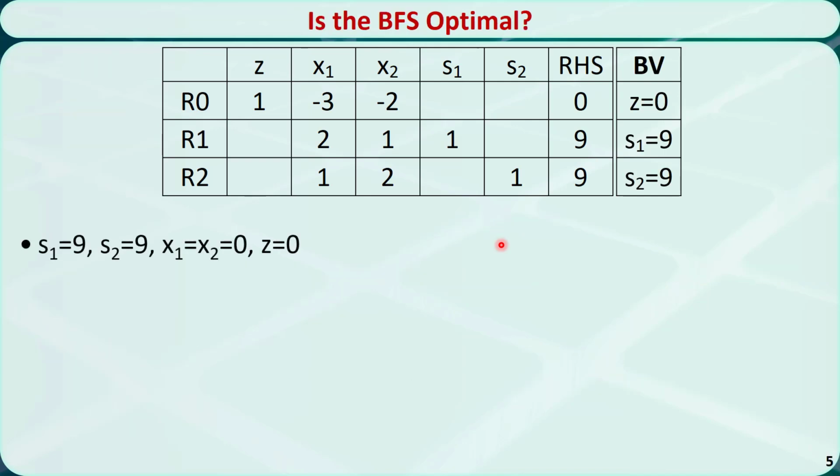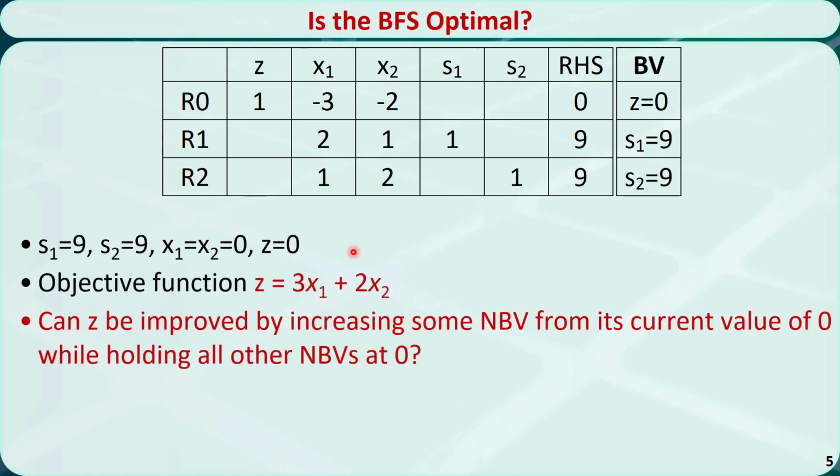Let's write out this basic feasible solution. s1 is equal to 9, s2 is equal to 9, x1 is equal to x2 is equal to 0, and z is equal to 0 for this basic feasible solution. Here is a question. Can the objective function z, which is equal to 3 times x1 plus 2 times x2, be improved by increasing some non-basic variable from its current value of 0 while holding all other non-basic variables at 0?